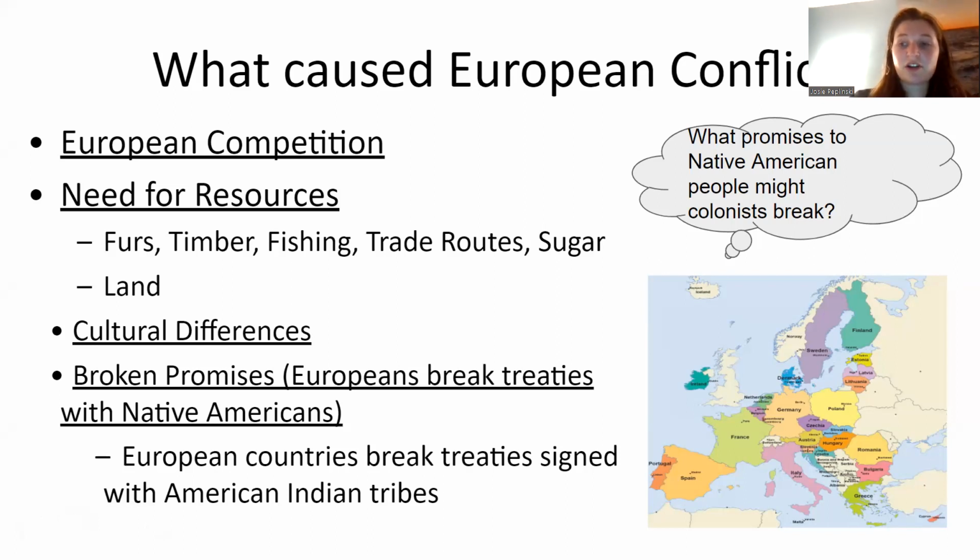The countries aren't so keen to work together because of cultural differences. And there's also going to be conflict in trying to obtain the disputed area between the European settlers and the Native American people, because the Native American people have already faced a lot of broken treaties in the short time that the settlers have been in the quote new world.